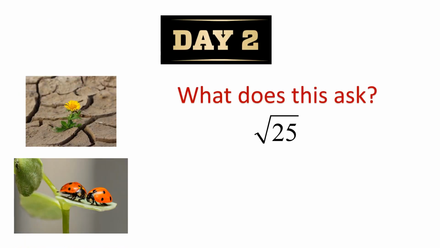Now, the next thing we're going to talk about in the second day is using the question from the second idea to simplify a square root. This square root right here, the square root of 25, is asking what squared is 25. And students should know their square numbers up to 400, and they should be able to very easily say, 5 squared is 25.